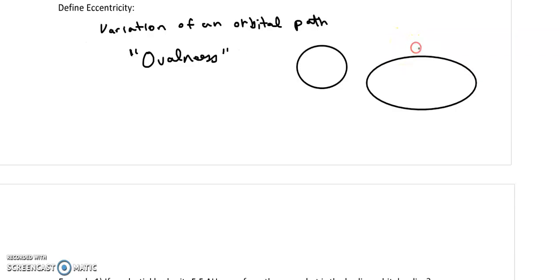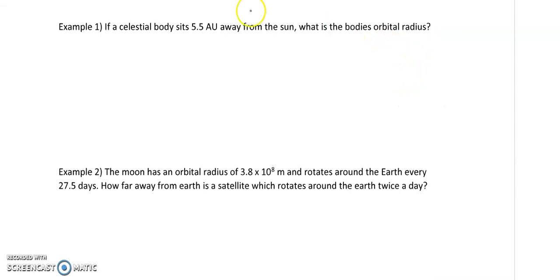We should actually change that to period, because otherwise the answer would just be 5.5. Okay, so T squared over r cubed is equal to T squared over r cubed.